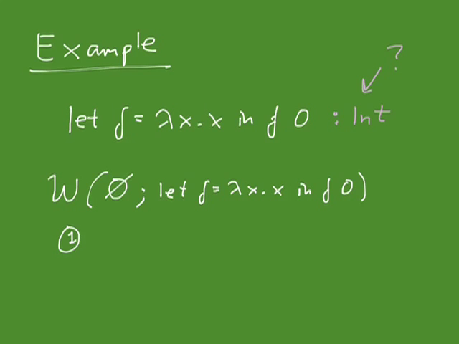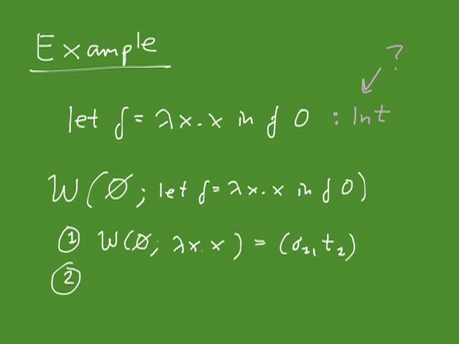There's the recursive call of lambda x dot x, and that gives us a substitution and a type. And then the second goal is to find the type environment that we use in the second recursive call.